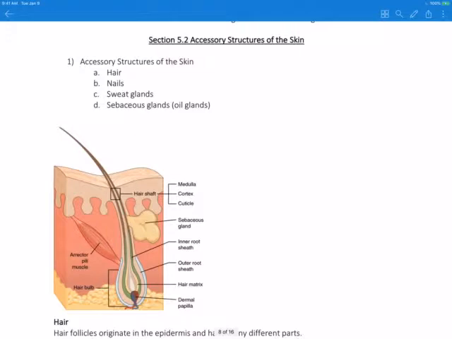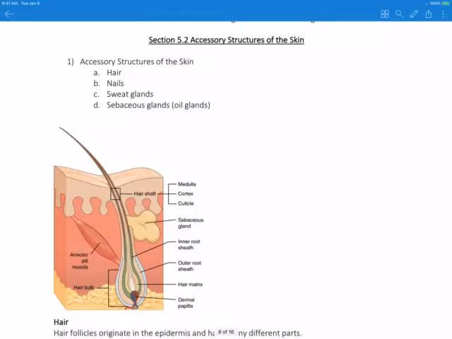It's a keratinous filament, which means it's made up of keratin, that tough, fibrous protein. Hair is basically made up of dead keratinized cells, and it really has no sensation.